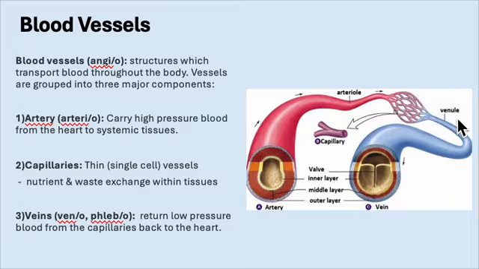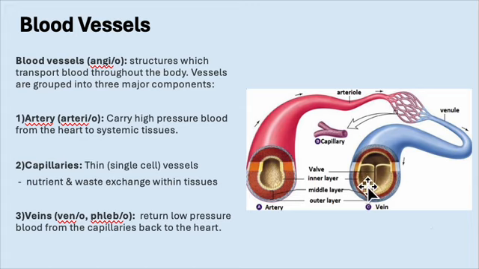So now for veins, much lower pressure than in arteries, and as a result, veins have much thinner walls. Specifically, that middle layer represented in red, see how much thicker it is in the artery than it is in the vein. So veins have a much thinner smooth muscle and elastic tissue layer compared to arteries.